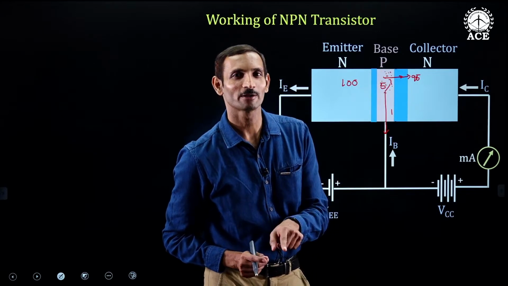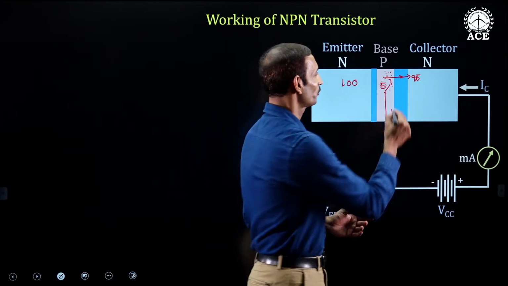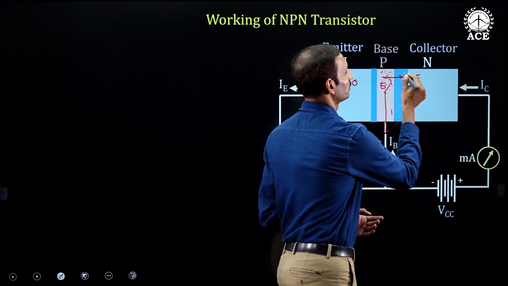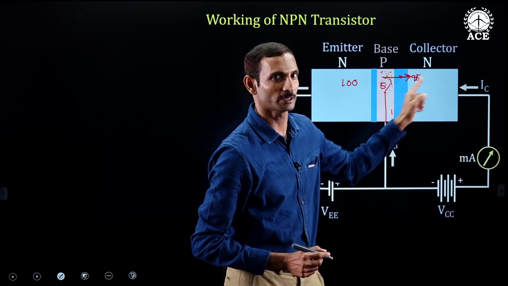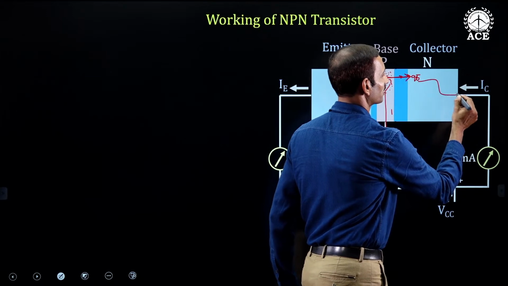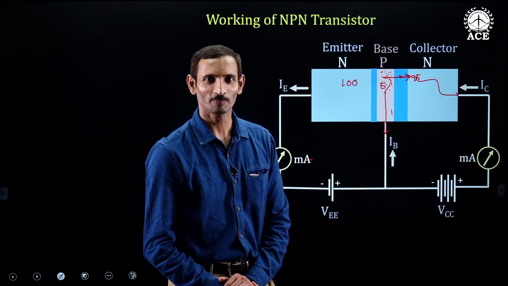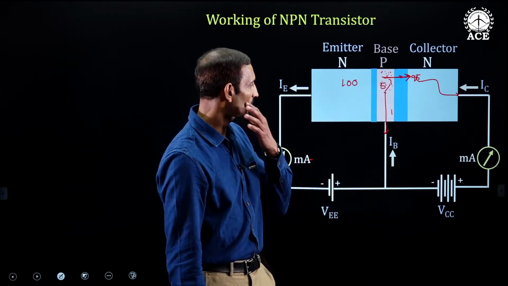We know during reverse bias minority carrier drift takes place through the junction. So these electrons, which are minority carriers in the p region, can travel through the entire junction and reach the collector region, and thus in this collector region they travel as collector current into the positive terminal of VCC. This is how there will be current flow through the entire transistor.